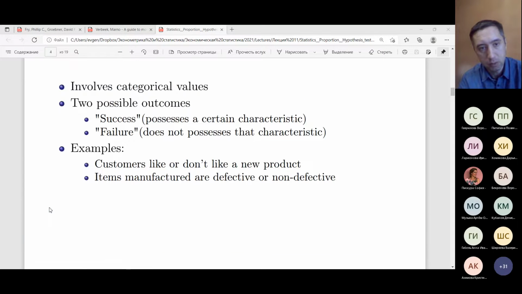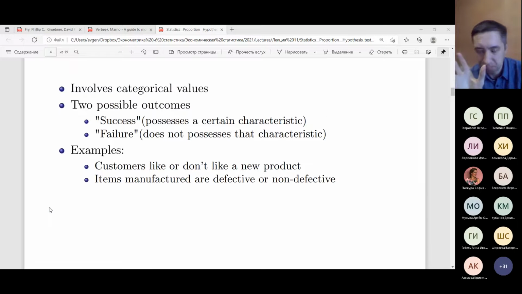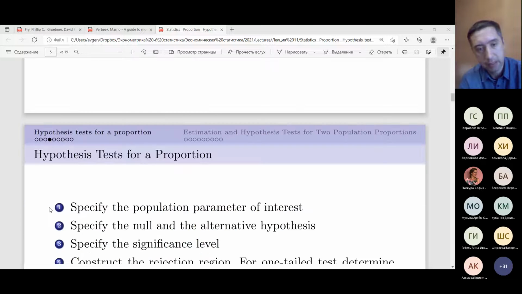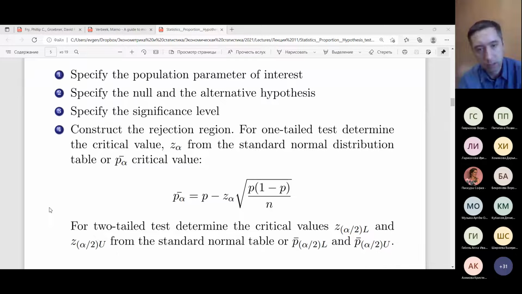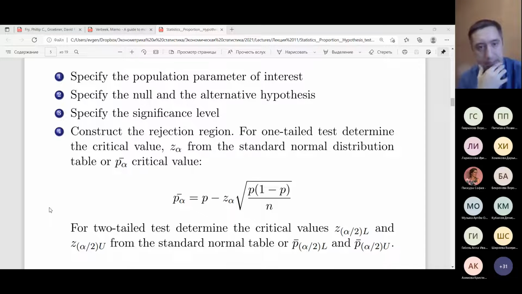Imagine that our variable is a binary variable. It has successes, failures, ones and zeros. How can we find a simple confidence interval, or how can we work with simple statistical tests?